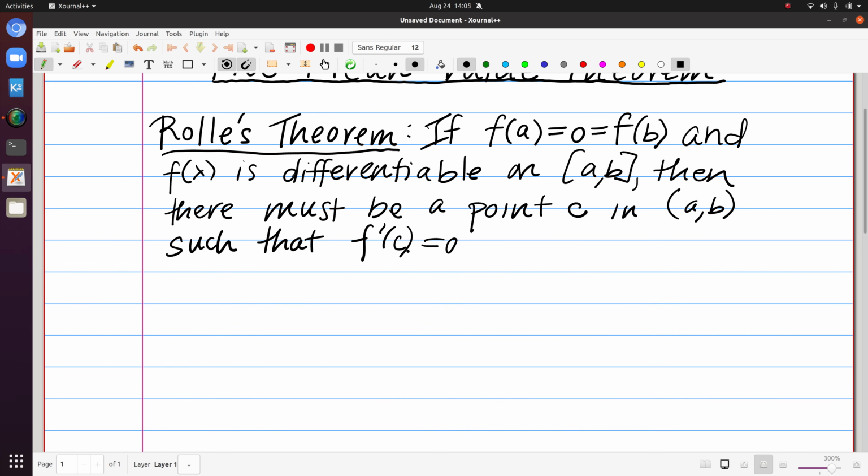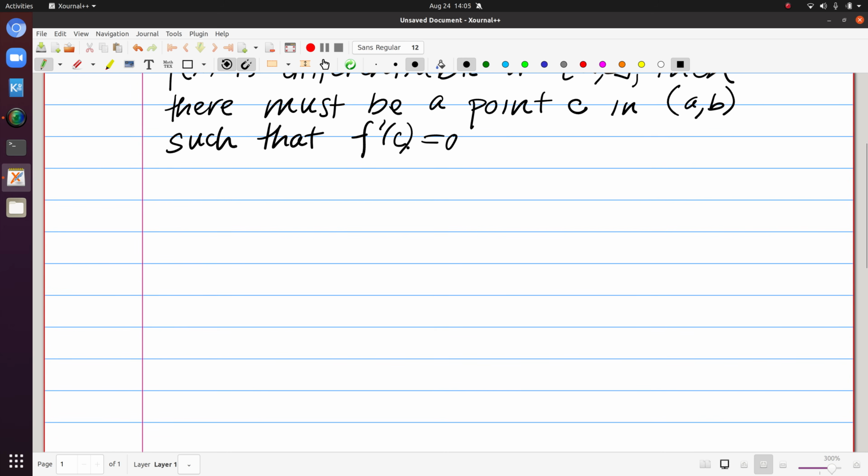So a couple things to think about here. We can visualize this first of all. If I think about my axes, and let's suppose that this is a and this is b, and we have a function that passes through the x-axis at those points. Then what this is saying is that in order for f to start at 0 at a and then end up there at b, we have to, in some sense, turn around somewhere along the way.